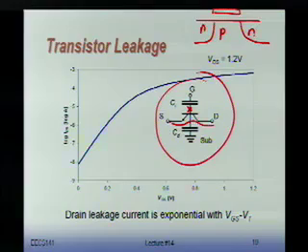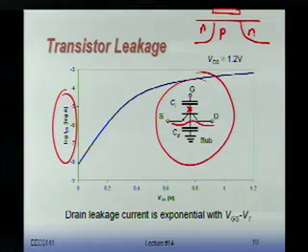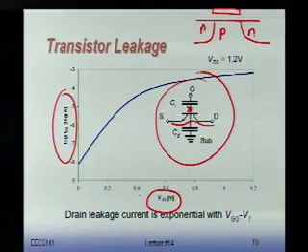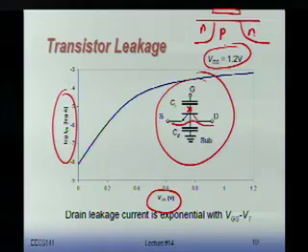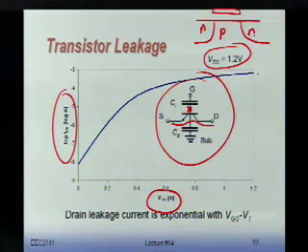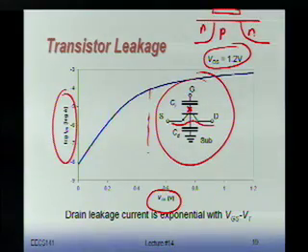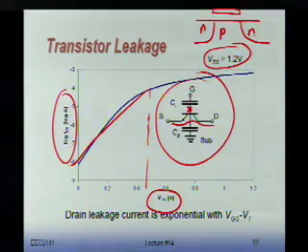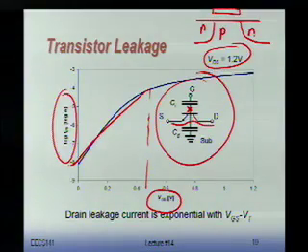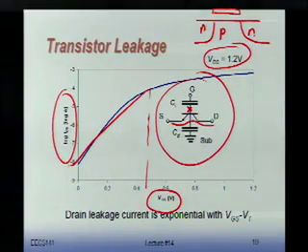This plots the IDS of my transistor as a function of VGS for one particular value of VDS. So you see that when VGS is fairly large, we have a quadratic or linear dependency. But once we get too close to the threshold sitting right here, you see this is going to drop off exponentially. This is a log-linear plot.